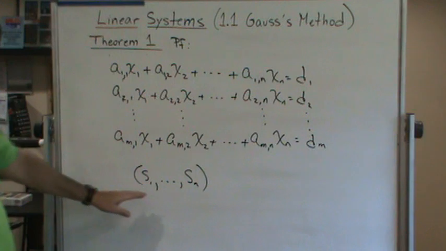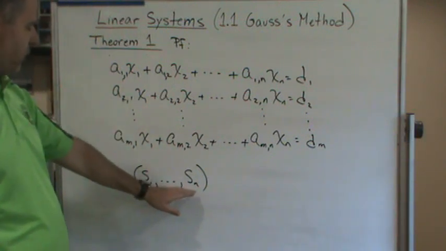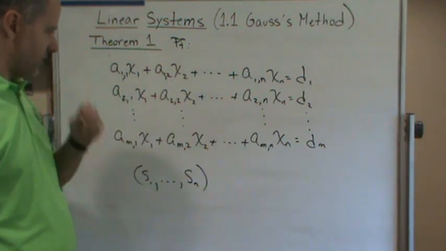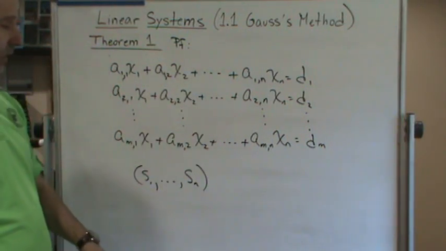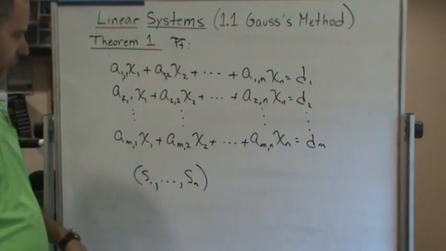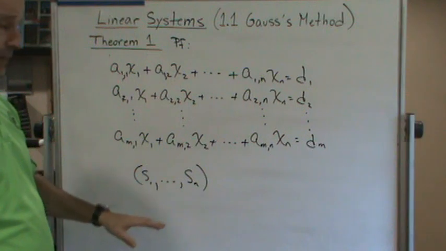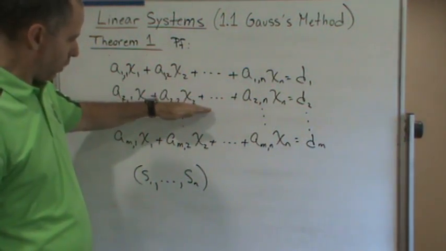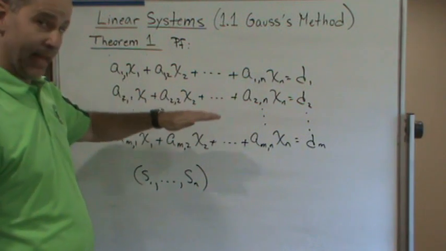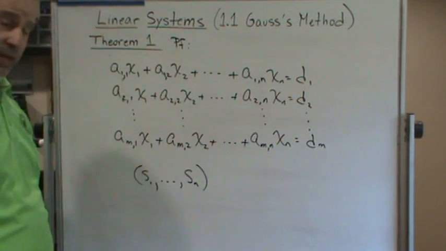Well, this is a solution if and only if when we substitute s1 through sn into all of these m equations, they're all satisfied. They all give true statements. That means this one will give us a true statement, and this one, and the next one, and all of them. So we have a conjunction of true statements.